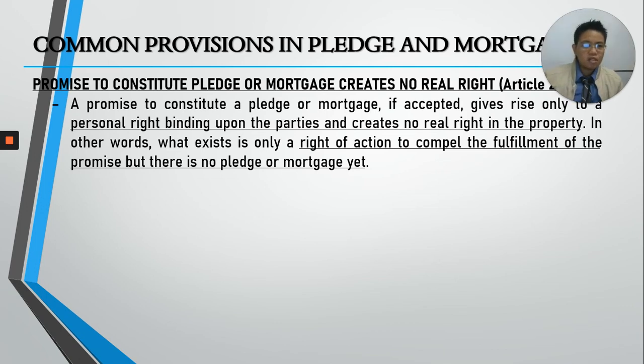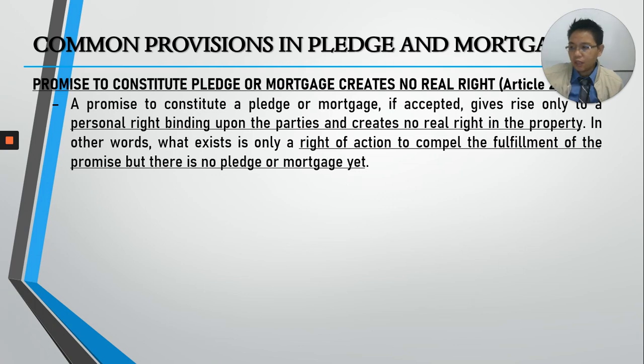Suppose the debtor has not yet constituted the mortgage. Can we say here that there is already a mortgage contract? Of course, there is no mortgage contract. So, there is no real right created, but what exists here is a personal right of the creditor to demand from the debtor the constitution of the mortgage.